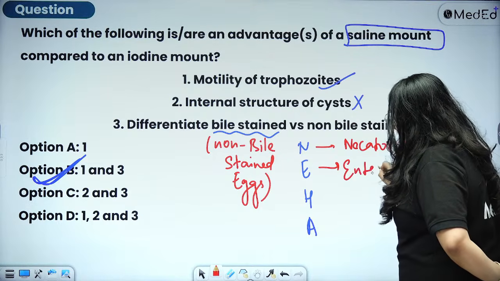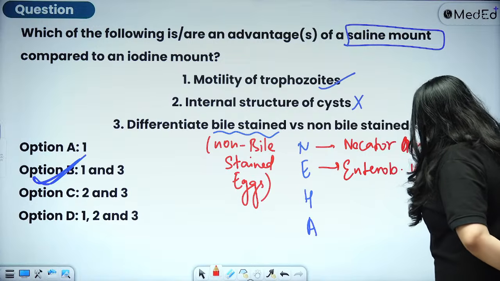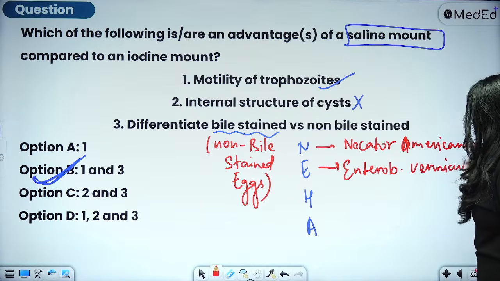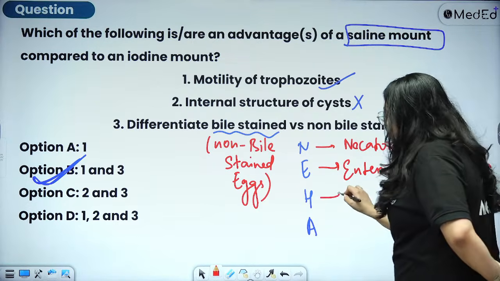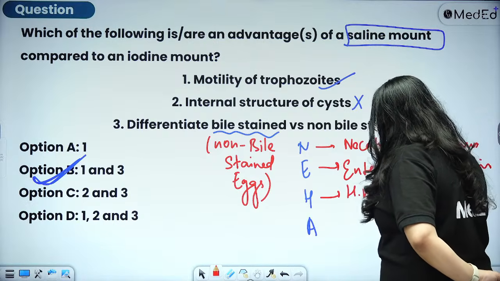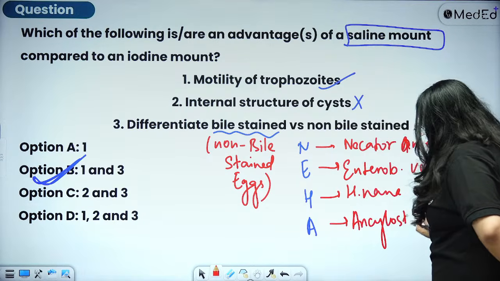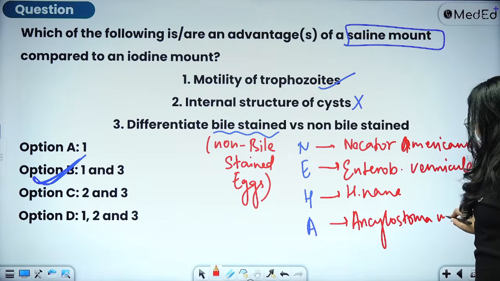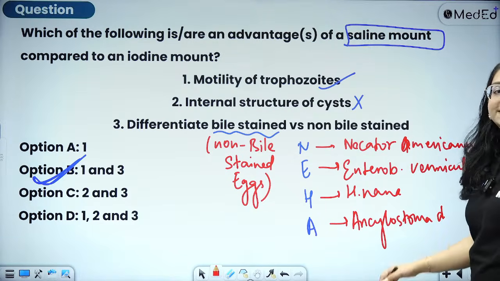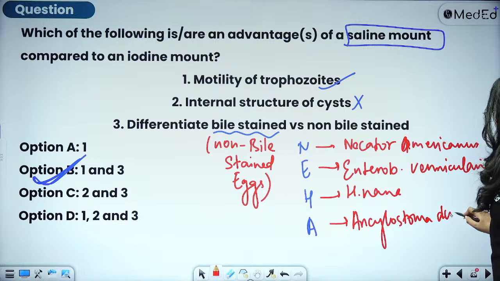Enterobius vermicularis. From everywhere this guy comes in. In every mnemonic this guy comes in. H. nana. And Ancylostoma duodenale, that is also hookworm. So actually just 3: hookworm, Enterobius and H. nana, but we remember Neha.